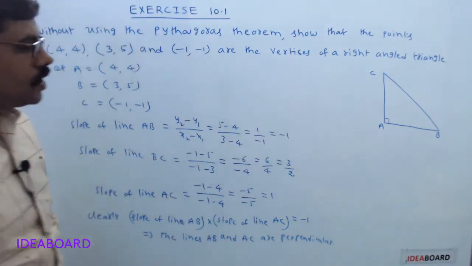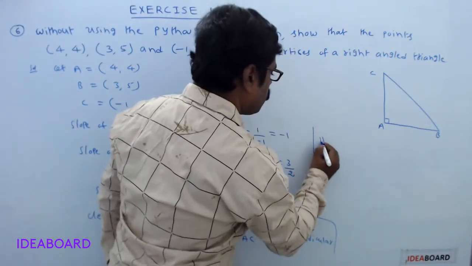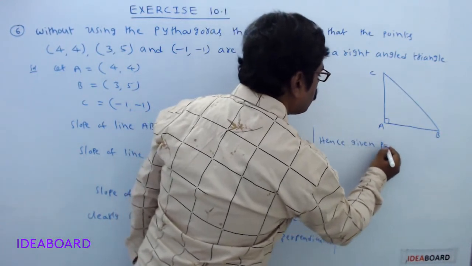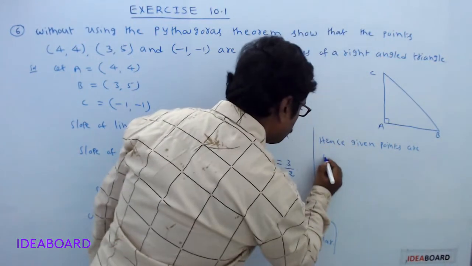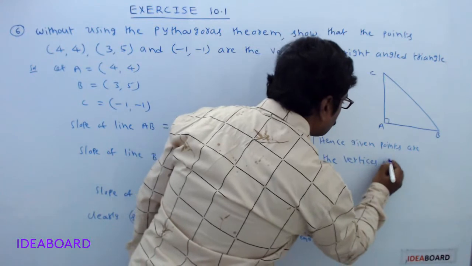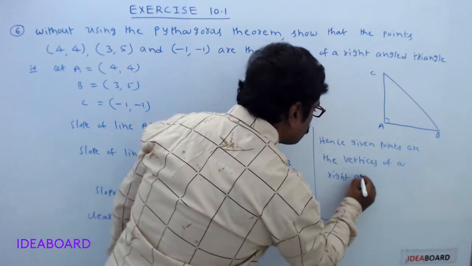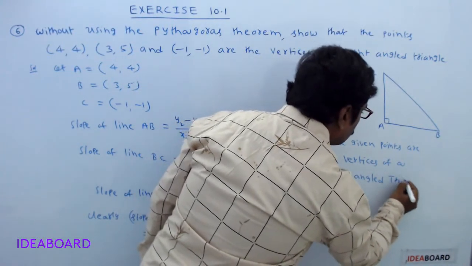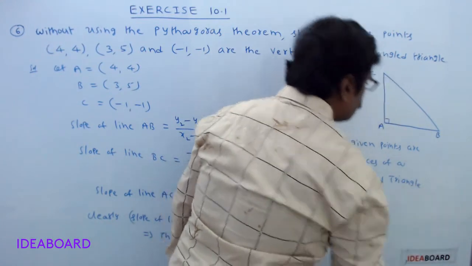So what is the conclusion? Hence given points are the vertices of a right angle triangle. Right angle triangle. That's it.